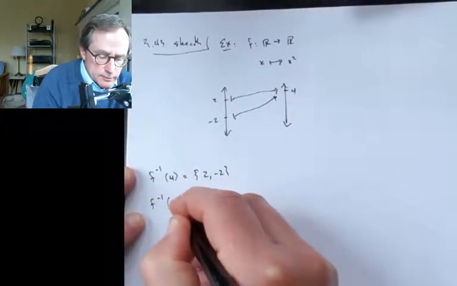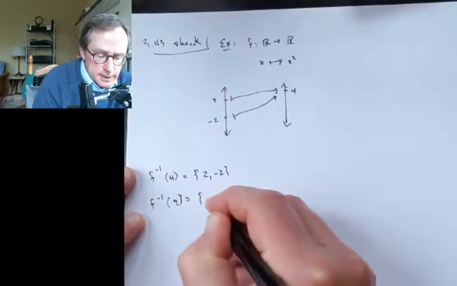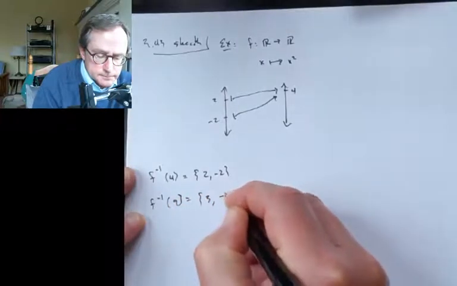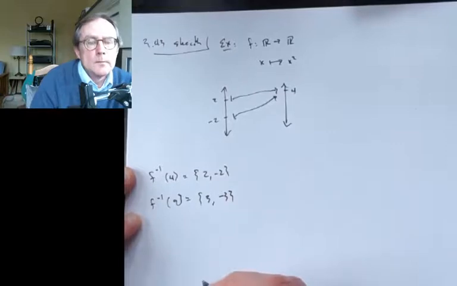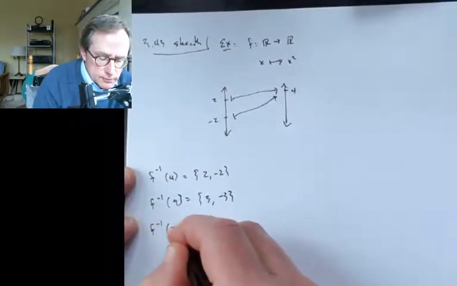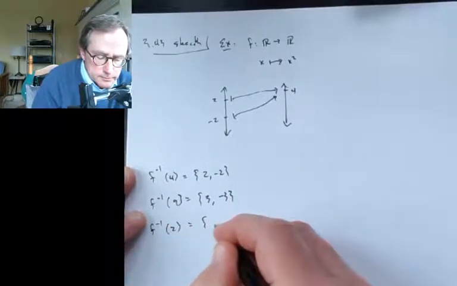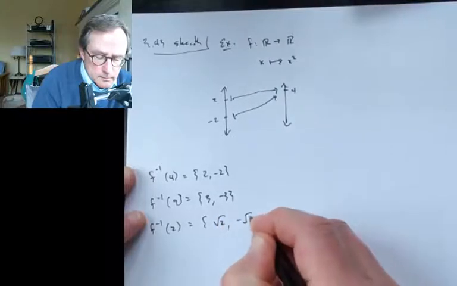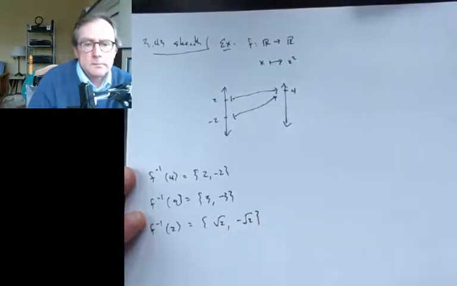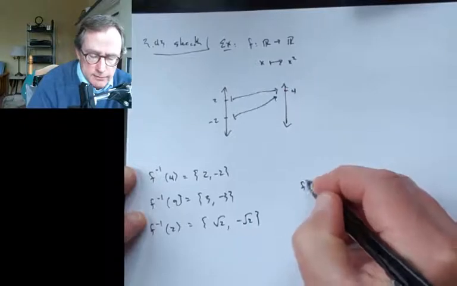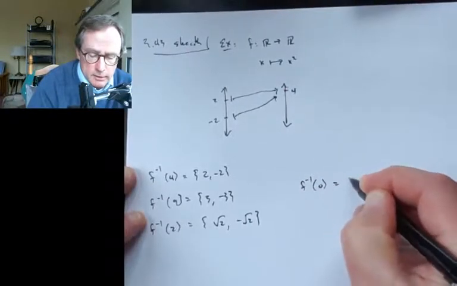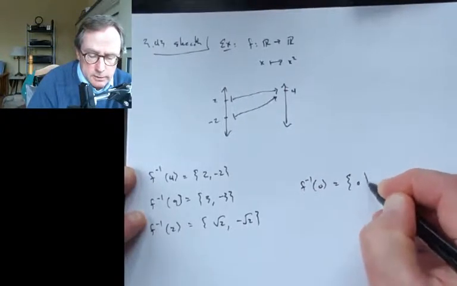F inverse of 9, I know you know this, is a set of size 2. F inverse of 2 is a set of size 2. The only exception is that F inverse of 0 is a set, it turns out, only of size 1.